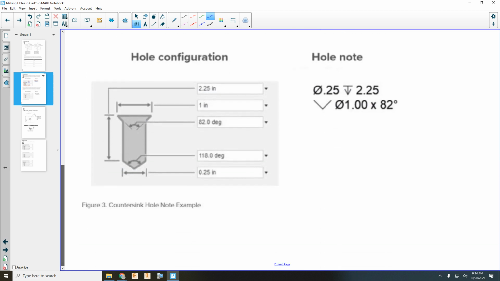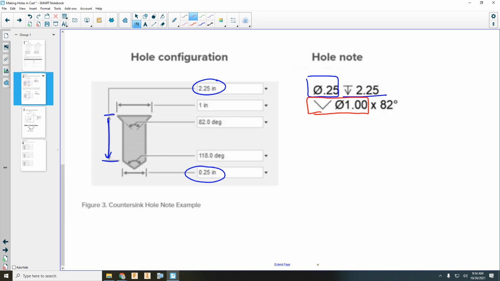Countersink works in a slightly different way. With countersink, you still start with the overall depth and diameter of the hole, right? So that part is the same. What is different is your countersink diameter.